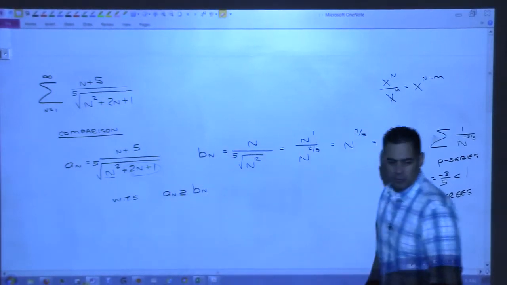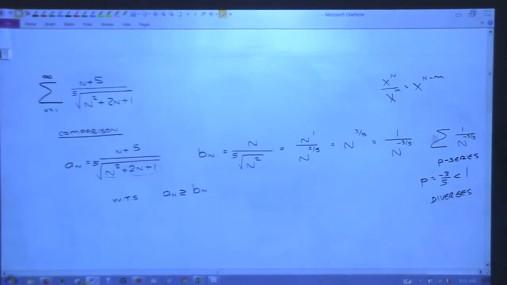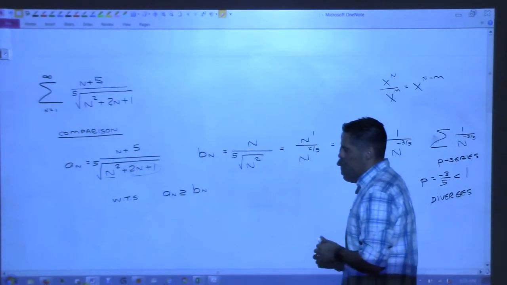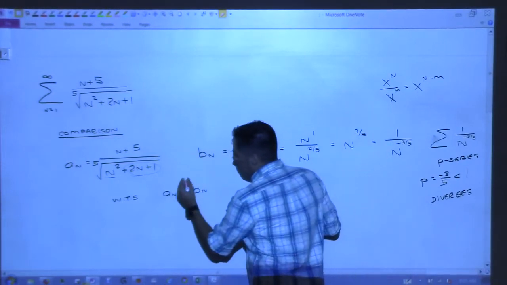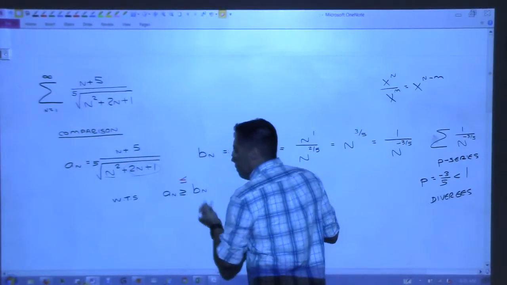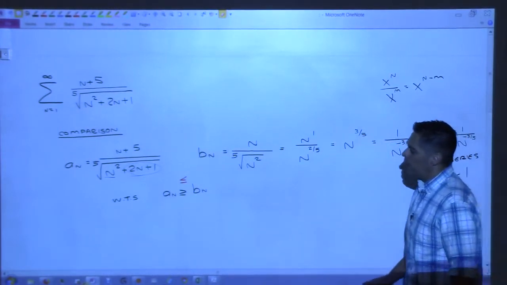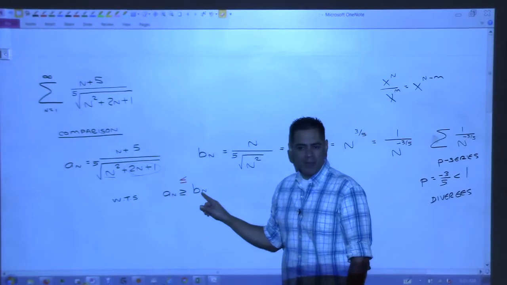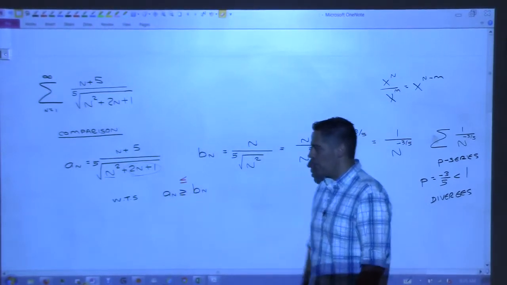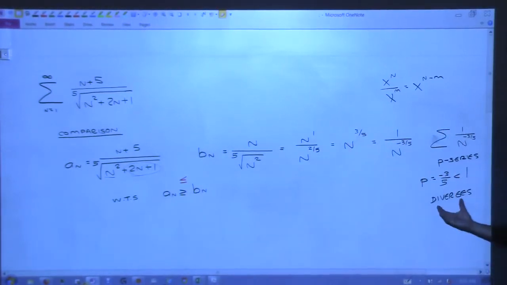Now, I haven't talked about this, but I want to make sure you understand why this inequality is not something we look at. What if we were to show that A sub n is less than B sub n? This diverges, meaning it goes to infinity, right?